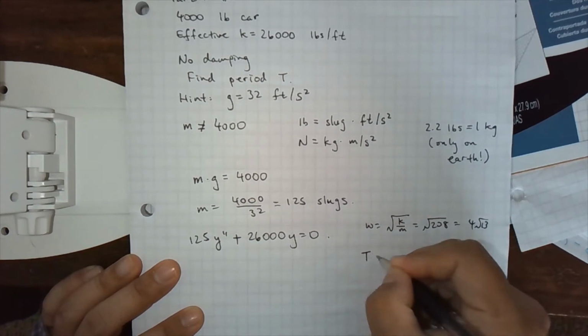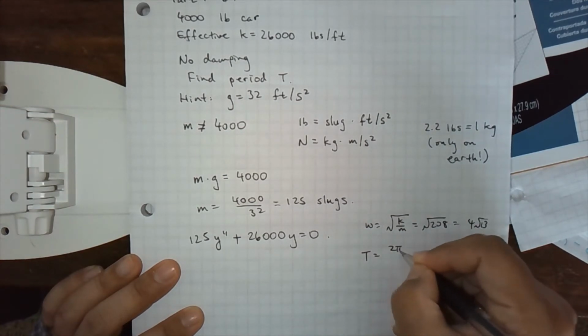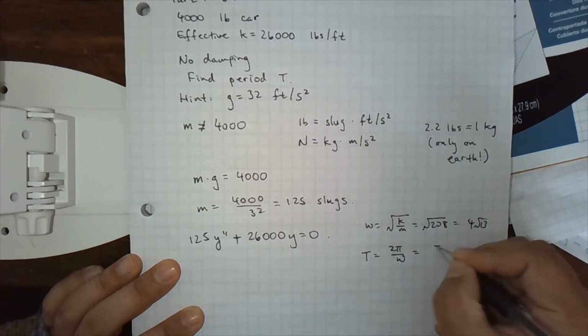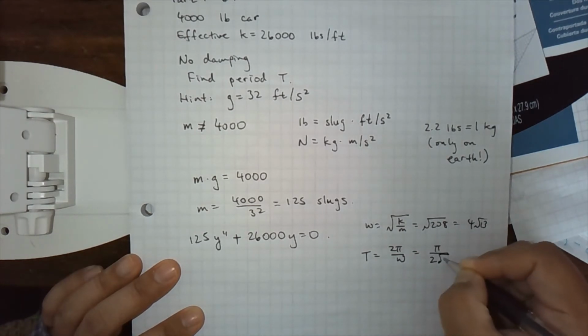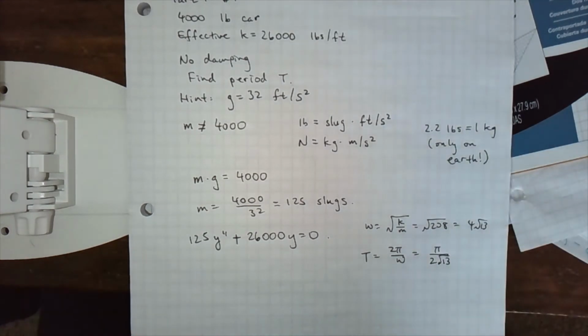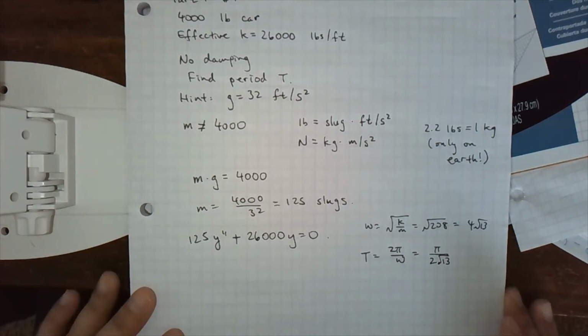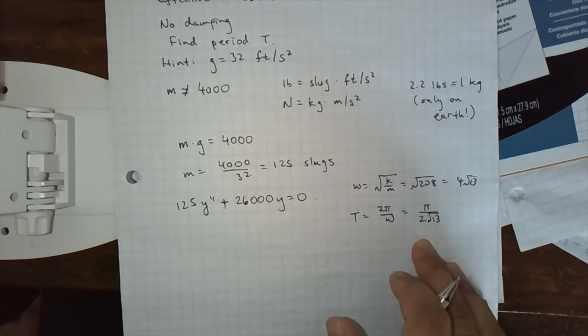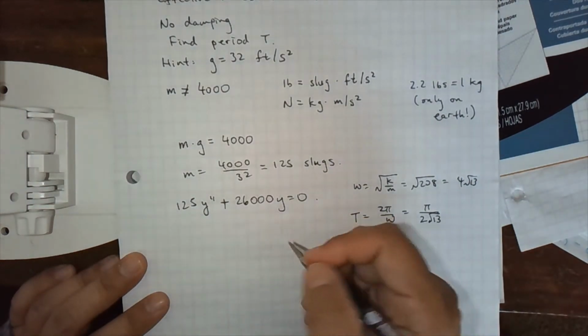And then if you have this memorized too, your period is 2 pi over frequency, which is pi over 2 root 13. And now we are in seconds, and then whatever abominable decimal WebAssign likes, you convert it to that, and it's happy.